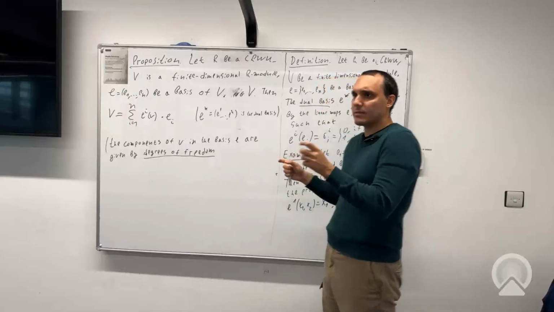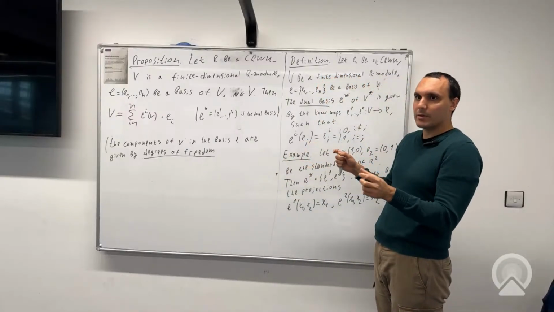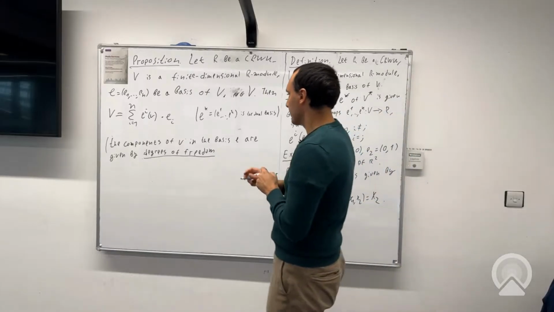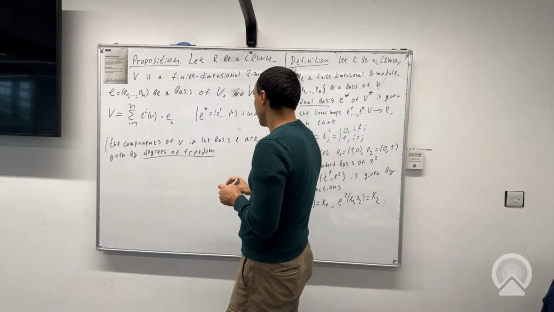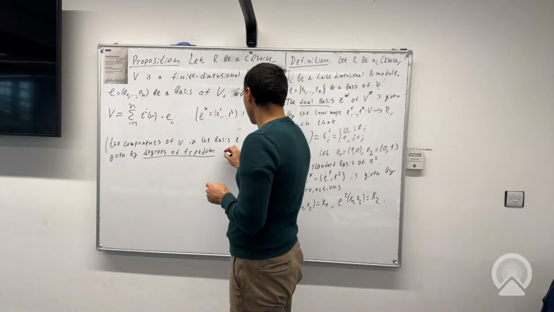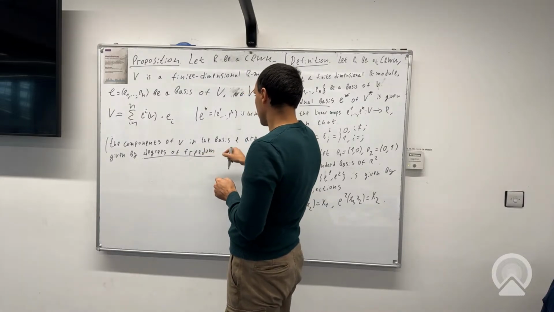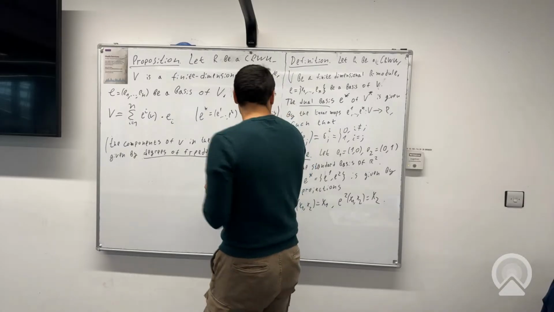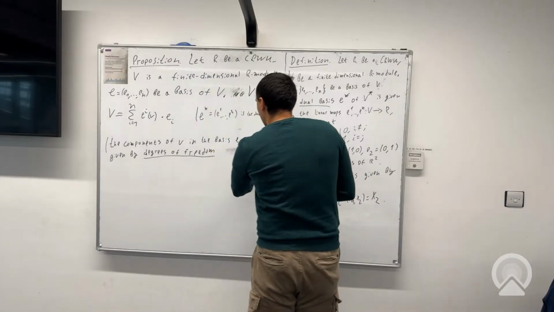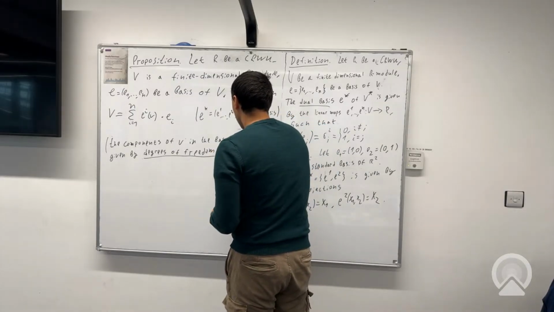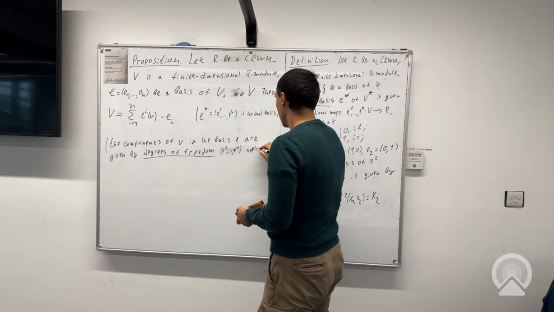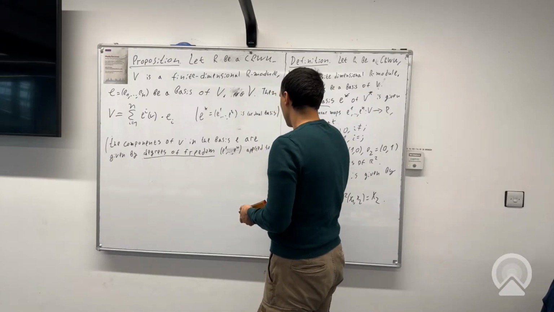So the elements of V are called vectors, and the elements of V star are called covectors or one-forms. The components are given by the degrees of freedom, E^1 to E^n, applied to v.